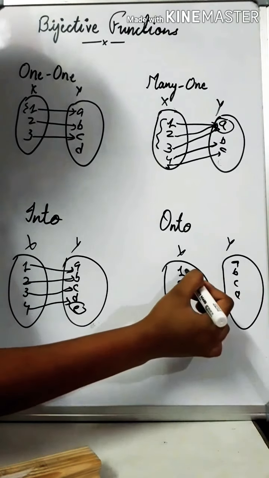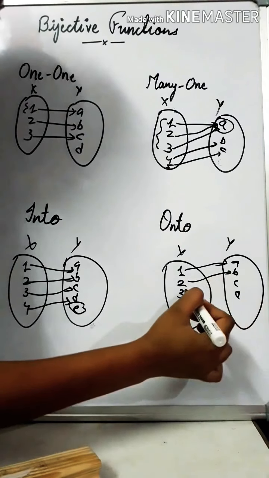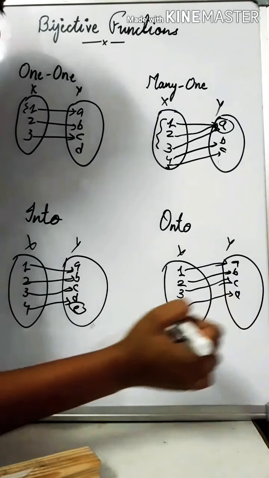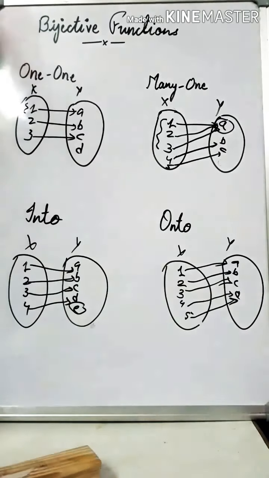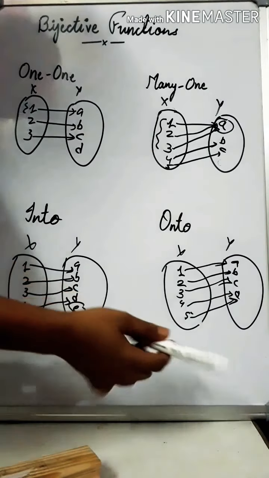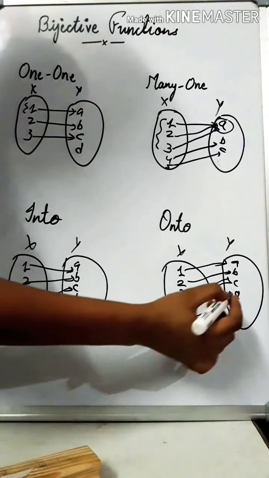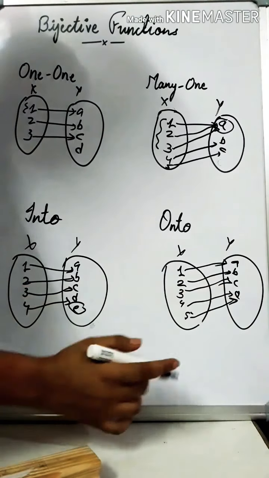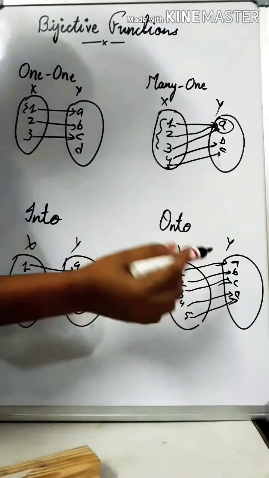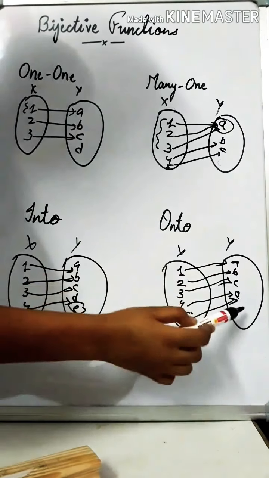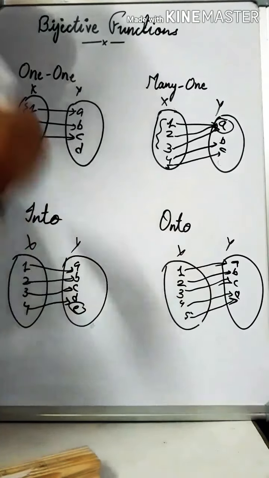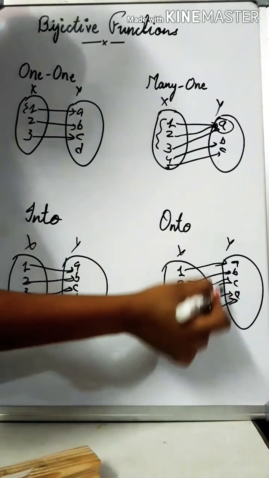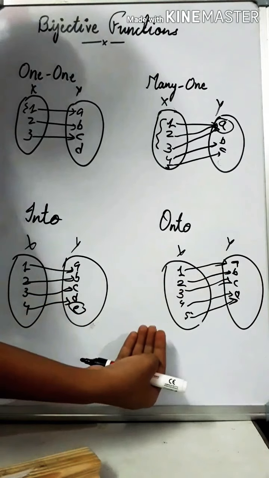Now you see, suppose it's this kind of function where 4 and 5 both are mapped to D. Now you see, in this kind of function, you look at the codomain, all the elements have a pre-image, either 1 or 2 or maybe 3 or maybe 4, but every element of the codomain has an image in the domain.